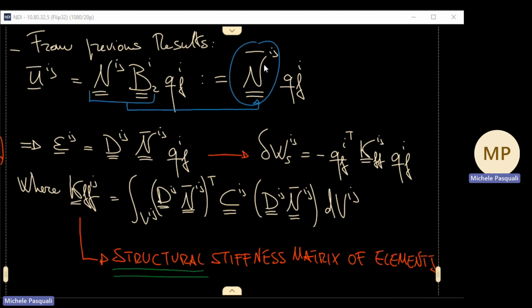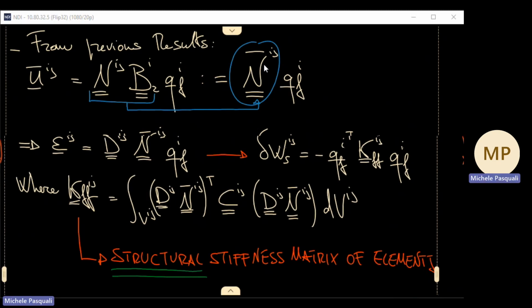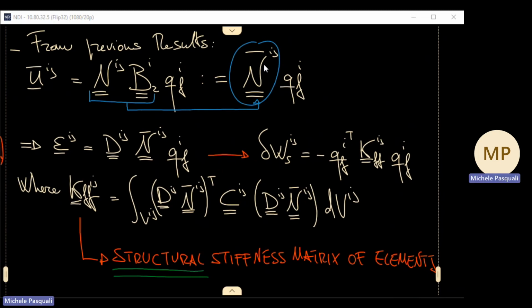If you remember, in this case we only have the variables which are associated to the deformation. It means that there is no rigid motion encompassed.